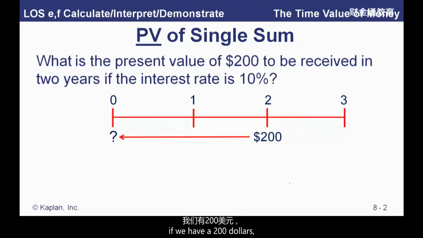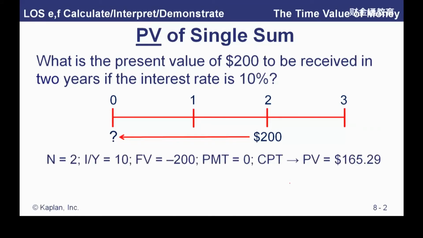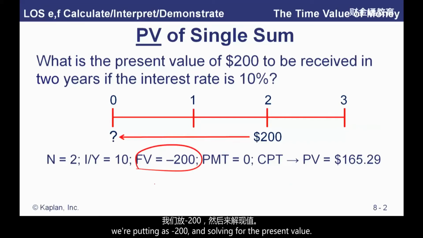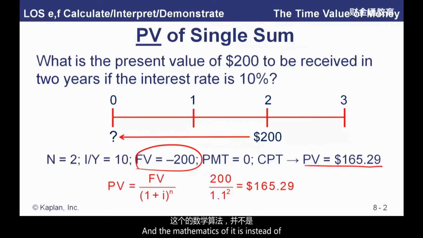If we have $200 that's going to be paid 2 years from now, what's the present value? Well, now we're just putting that as the future value. We're putting it as minus 200 and solving for the present value. And the mathematics of it is instead of multiplying by 1 plus the interest rate, we're dividing by it.